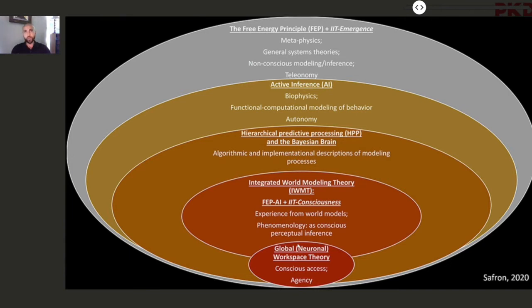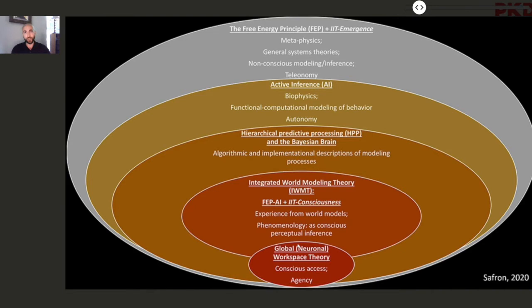In the manuscript, IIT plays dual roles. One is as a general systems theory and model of causal emergence, where I explore correspondences between IIT and the free energy principle and active inference framework.